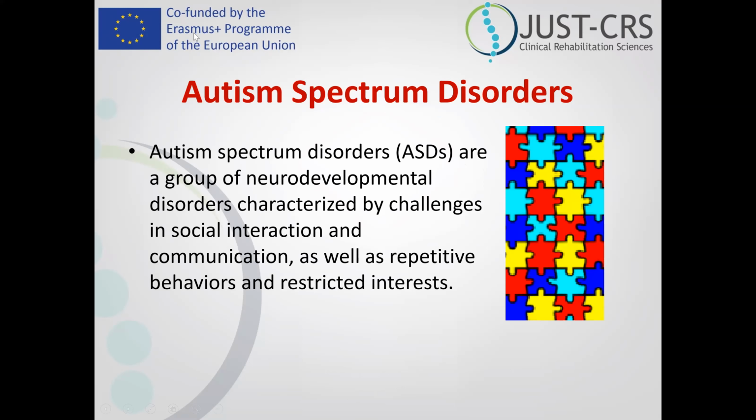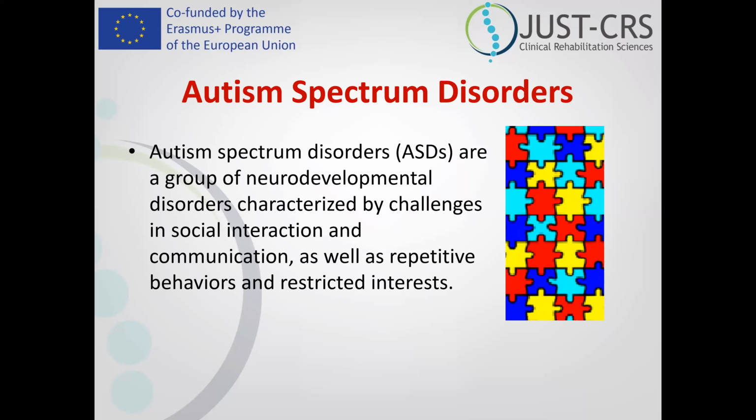Linking what we know about this, I hope that I explained the Dunn sensory processing framework in a good way, because we will apply it to children with autism spectrum disorders.